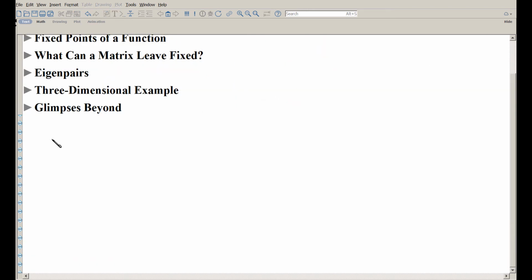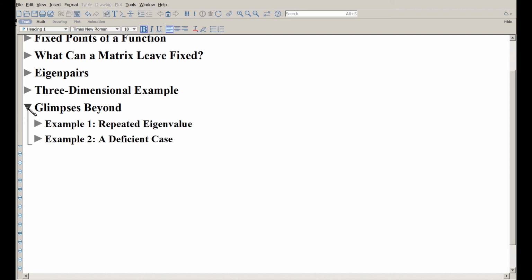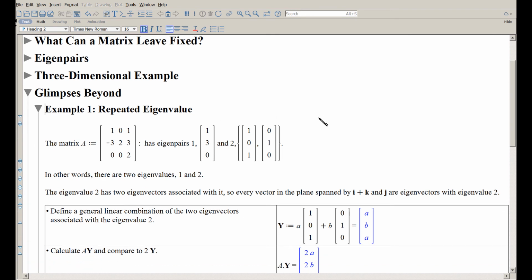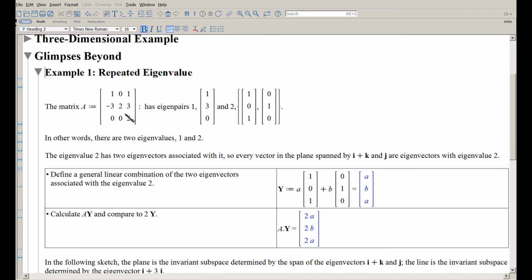Well, unfortunately, the situation can get complicated. There are things like repeated eigenvalues. So here's a matrix. It has the following for its eigenpairs. There's an eigenvalue of 1 with eigenvector 1, 3, 0.